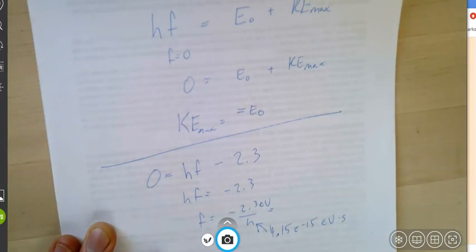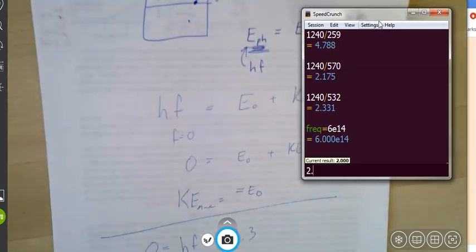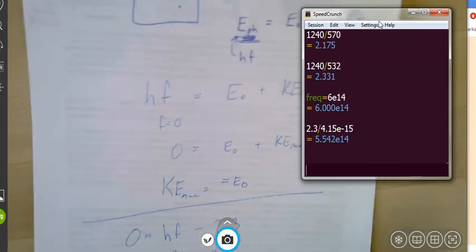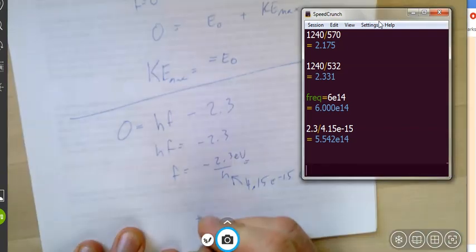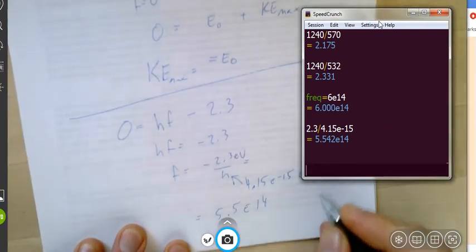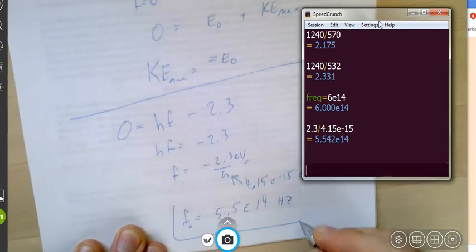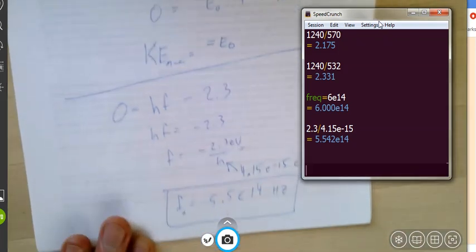If we plug that all in together, using a calculator, that's 2.3 divided by 4.15 times 10 to the minus 15. In other words, f equals 5.5 times 10 to the 14 1 over seconds, which is hertz. So this is going to be our cutoff frequency for this problem.